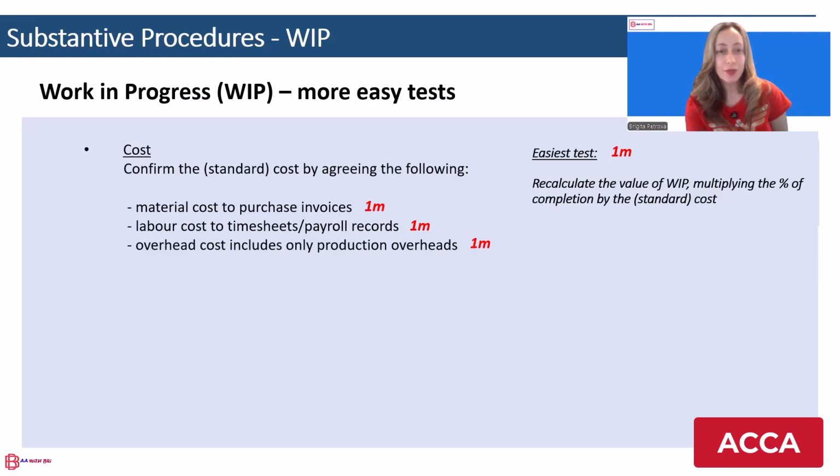But yeah, we can also do a standard thing that we tend to do for most balances when we do substantive testing, and that is the idea of further recalculation, where we cast the breakdown. So we get the WIP schedule, the breakdown, we cast it, and then we confirm the total we get to what's recorded in the trial balance, general ledger, or financial statements.